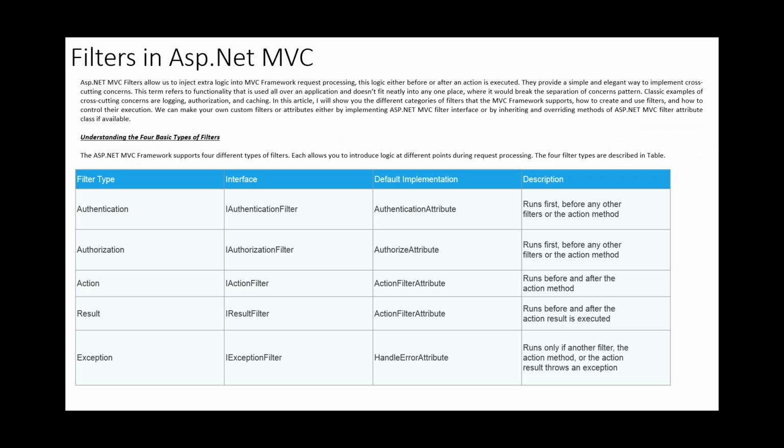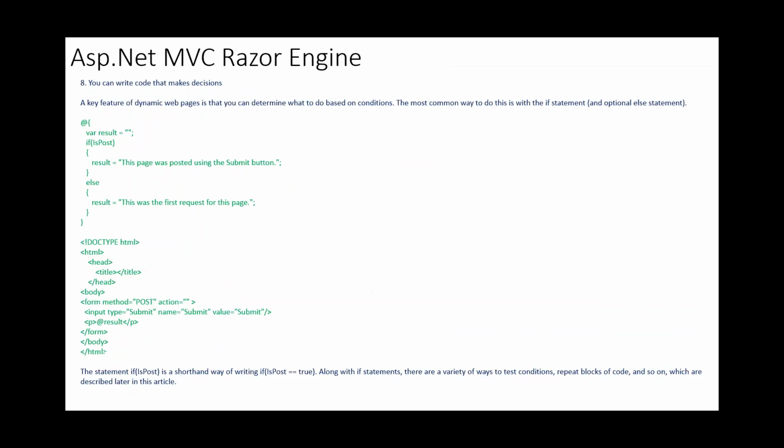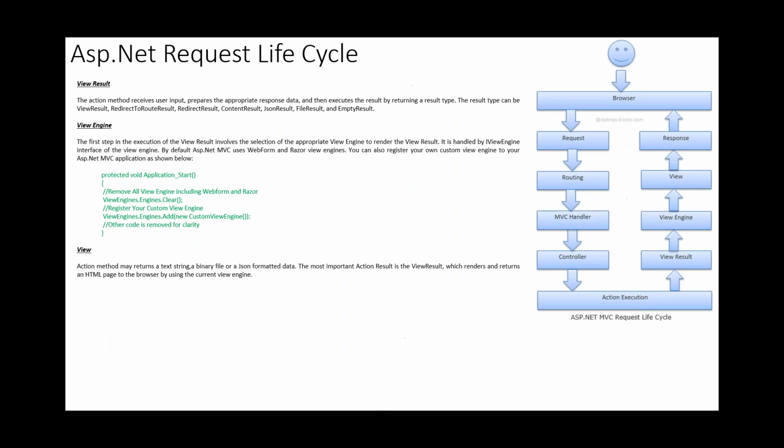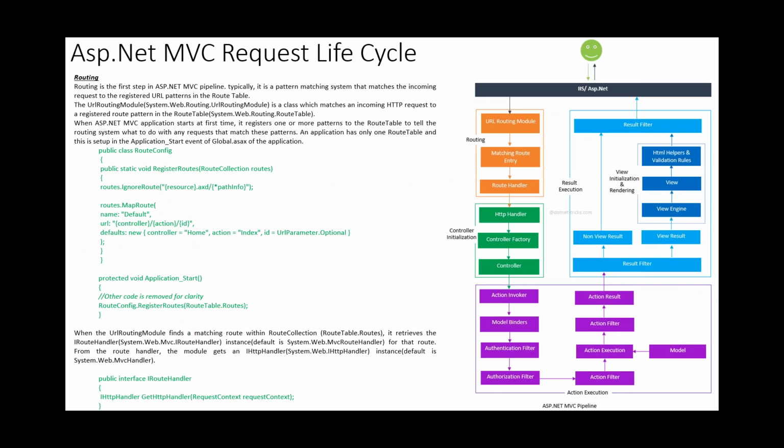Request processing means whenever you are requesting a view, that time the request lifecycle we have seen already comes into play. So in that request lifecycle, HTTP handler, controller factory, and now this lavender color you can see: action invoker, model binders, authentication filters, authorization filters, action filters. Okay, different filters are there.